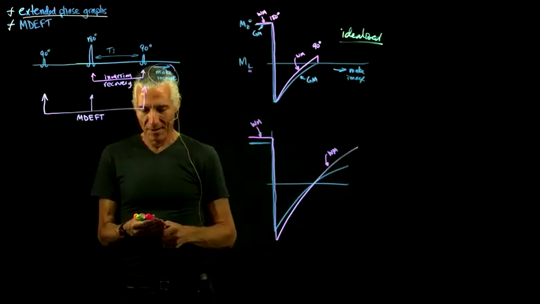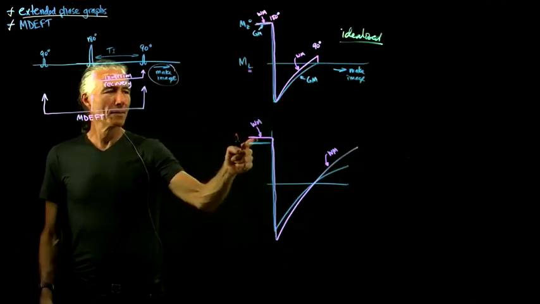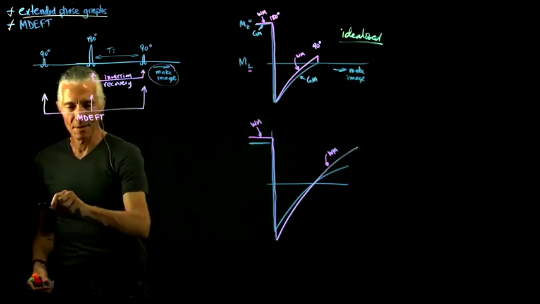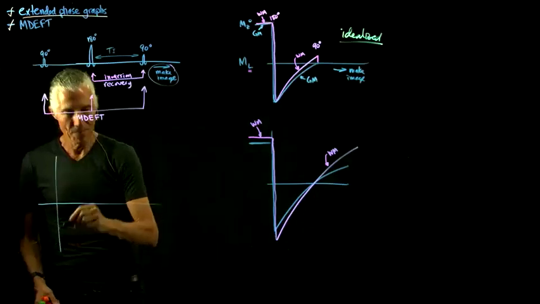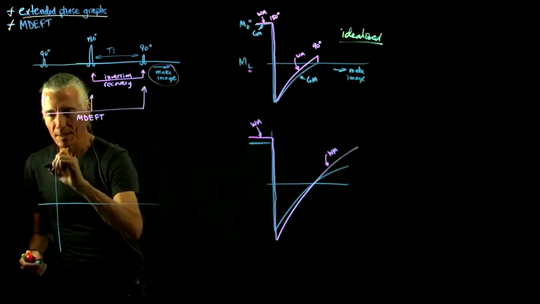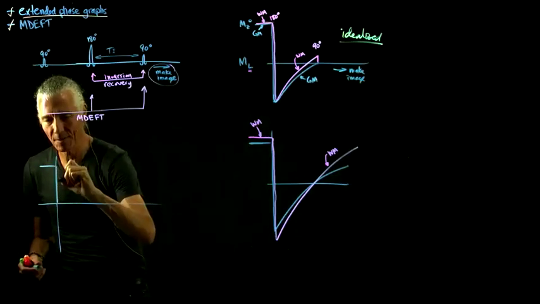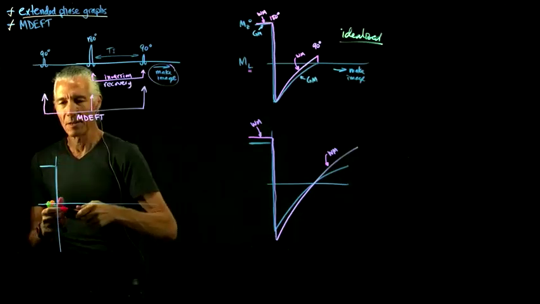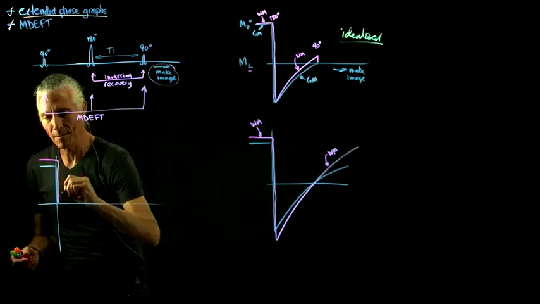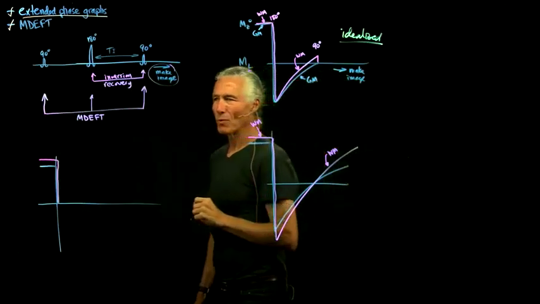The MDEFT would stamp out some of the difference. If this is 0 here, we start off with a difference, but instead of doing 180, just do a 90. And so here's our difference. When we do a 90, we stamp out the difference, because we're starting them both at 0 now.